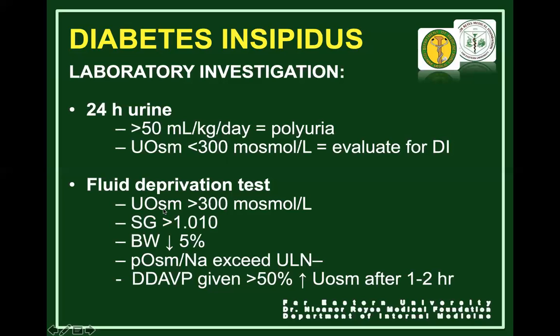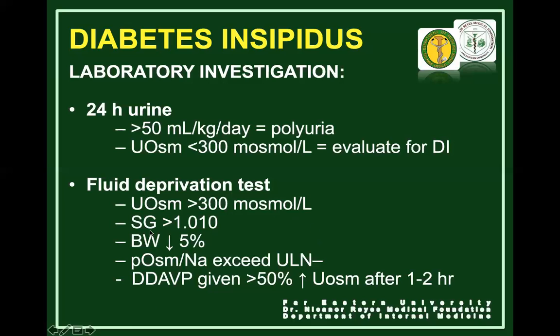Okay, so what we do is we tell them not to drink anything until we reach certain criteria. What is that criteria? They are fluid deprived if their urine osmolality goes above 300 millimoles per liter, a specific gravity of more than 1.01, and their body weight drops about 5%.